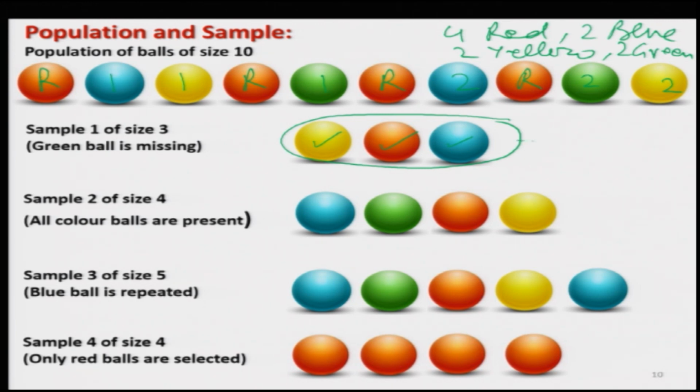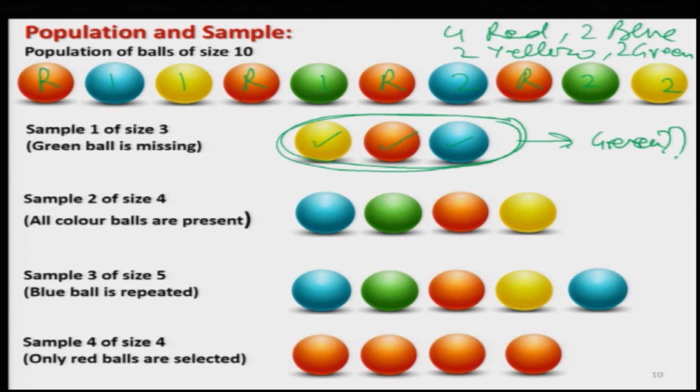But now in this sample, the green color is missing. This is not available. So, I cannot consider this a truly representative sample, because by looking at the sample I cannot have an idea whether there is a green ball in the population or not, or whether there are any other balls of different colors. This type of information cannot be obtained.